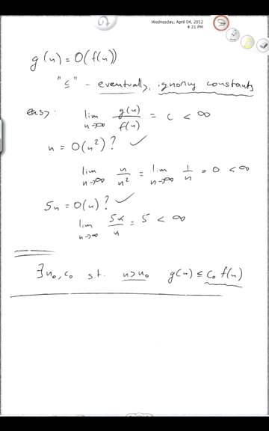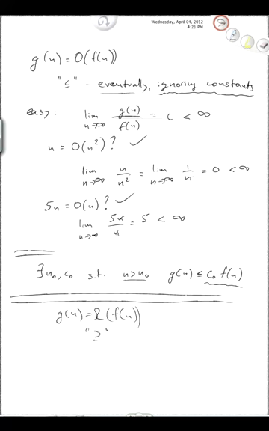And just to get a complete picture of everything, let me introduce you to a couple of other very common notations. We won't see these very much in class, but it's worth mentioning them in case you happen to see them written somewhere so that you're not caught off guard. So if you see a statement like g of n is omega of f of n, this is really the exact same thing. Instead of being a less than or equal sign, it's a bigger than or equal sign.